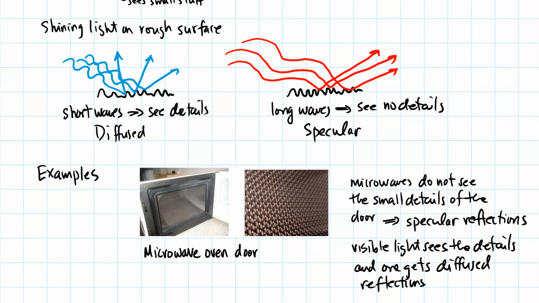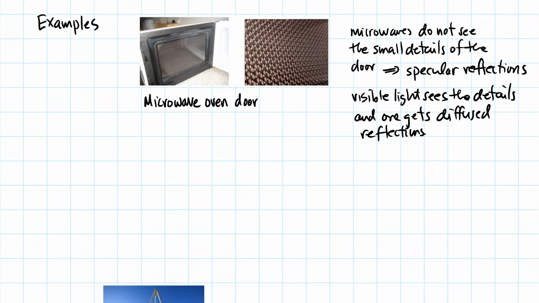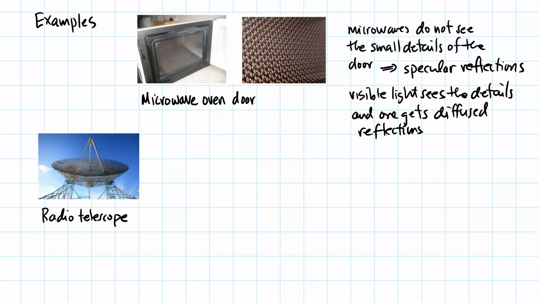The next example that we want to look at is a radio telescope. When we visibly look at this radio telescope, we see a bunch of holes. Why? Because visible light, as before, sees the details, which implies we get diffused reflections.